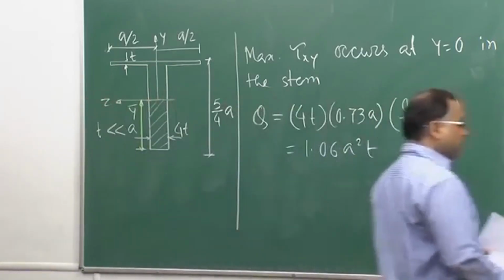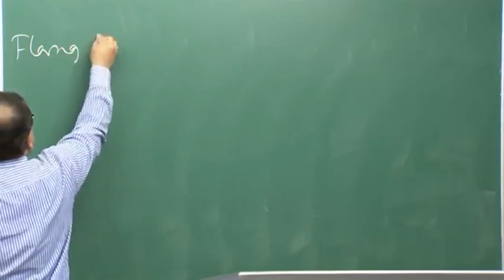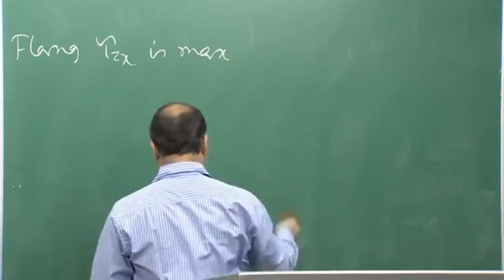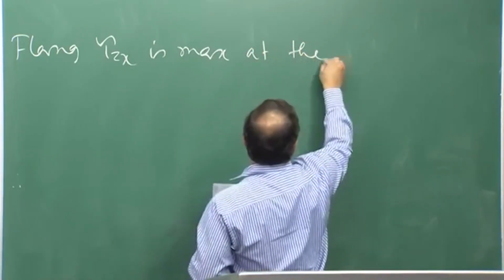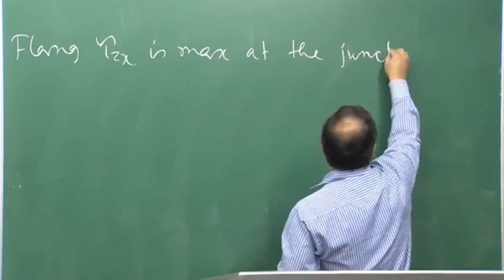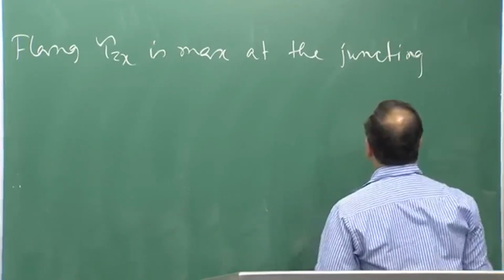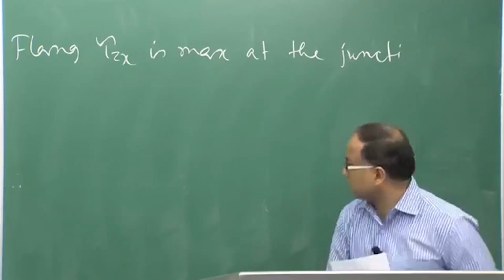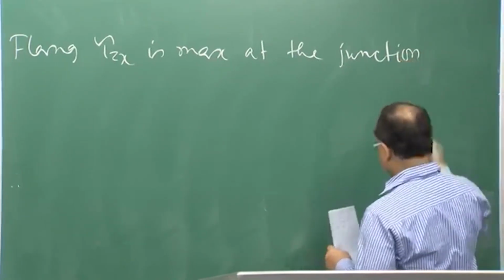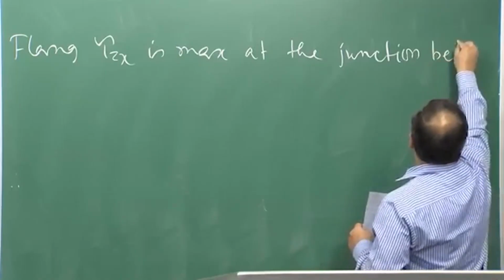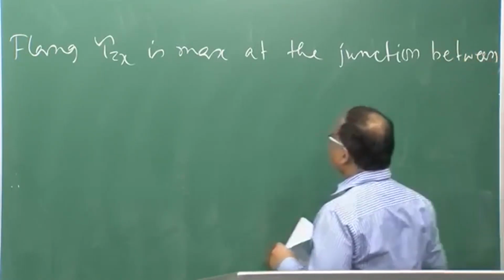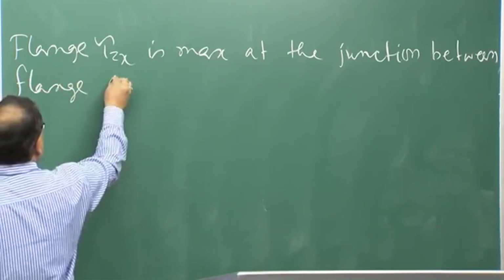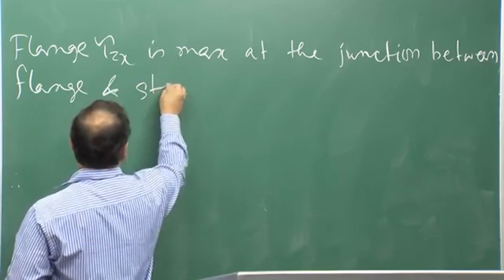Okay. Now, for flange tau zx is max, as we have seen when we were discussing the development of tau zx, at the junction between flange and stem, right.